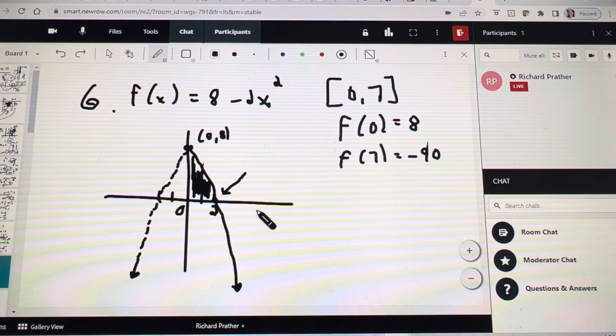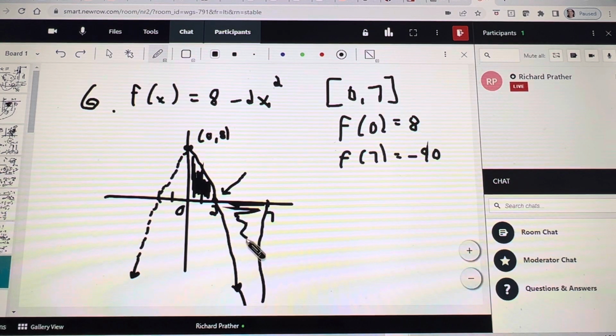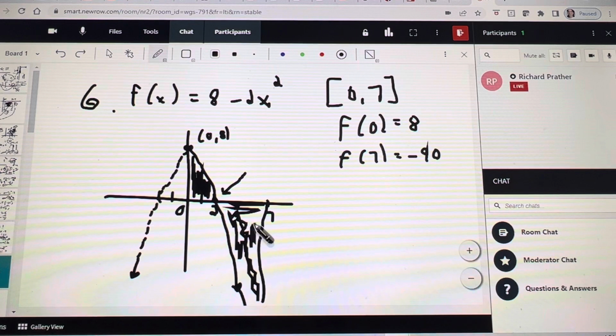Then from 2 to 7, and it's off the screen a little bit, this would come down to 7, negative 90. And that's where you would draw it back up here, and then you'd have this big area below the x-axis. So this will be a large negative value below the x-axis for its area, and then we can absolute value it and turn it into a positive later.